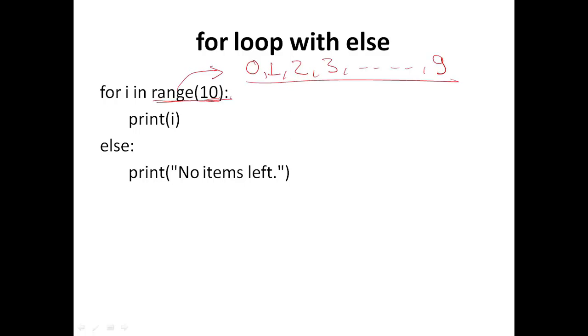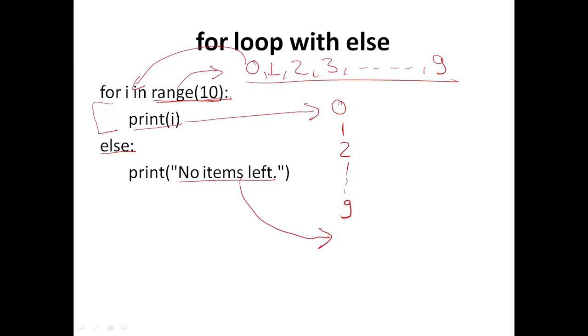So the elements of this sequence are going to be assigned to this variable I one by one, and you can execute them. That means here I am printing the variable I, so 0, 1, 2 up to 9 will be printed as it is. And finally this for loop has terminated normally without any break statement. So this else part will also execute. That means no item left, this message will also be displayed here.